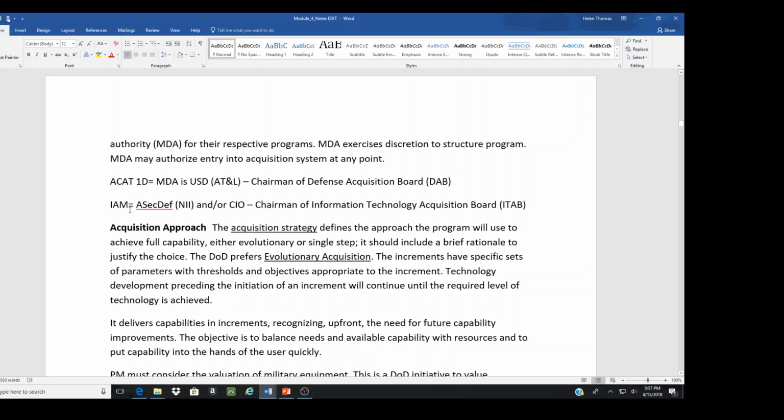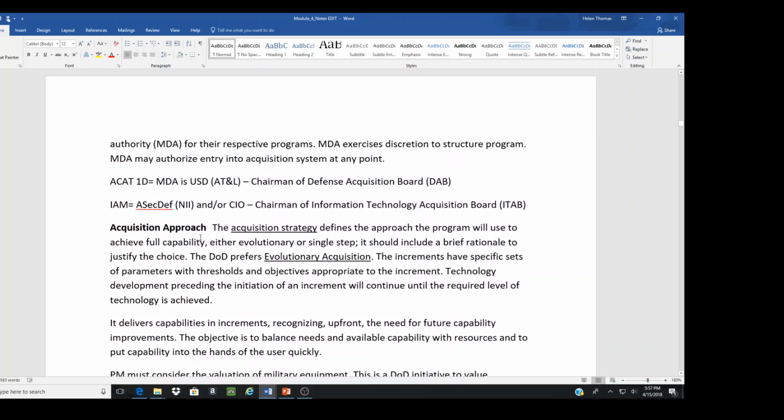For your automated programs, the Assistant Secretary of Defense and/or the CIO is the chairman of the Information Technology Acquisition Board. So you have a chairman, then you have a board. Milestone Decision Authority simply means these are the people who would say, proceed with the research, proceed with the process, proceed with the development.